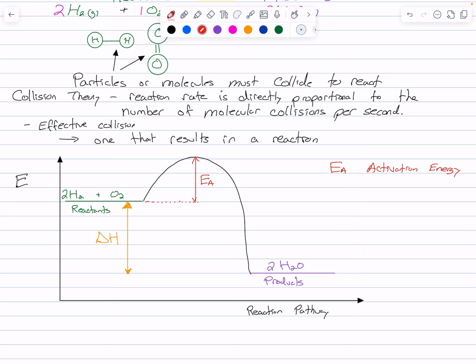Okay, this is big. And this is the minimum amount of energy required for the reaction to occur.